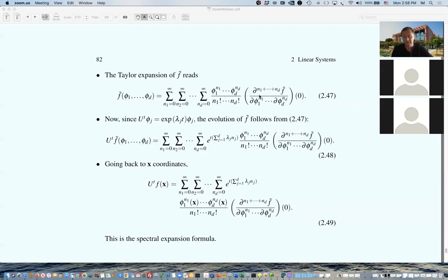So there are n1 derivatives in phi 1, n2 derivatives in phi 2, and nd derivatives in phi d. This is just a multivariable Taylor expansion in phi 1 to phi d as coordinates.